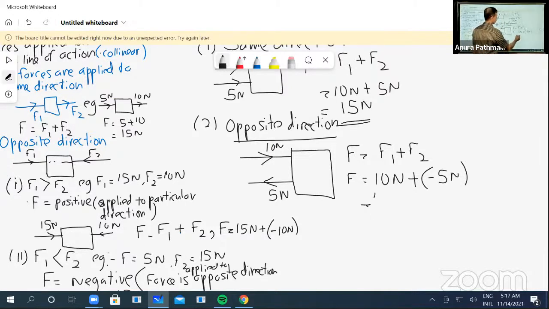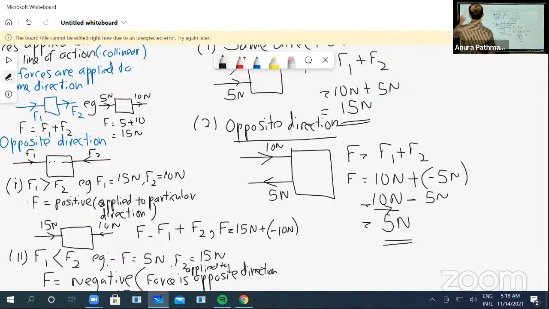What should come there? 10 Newton minus 5 Newton. So the result is 5 Newton in the same direction. Right.